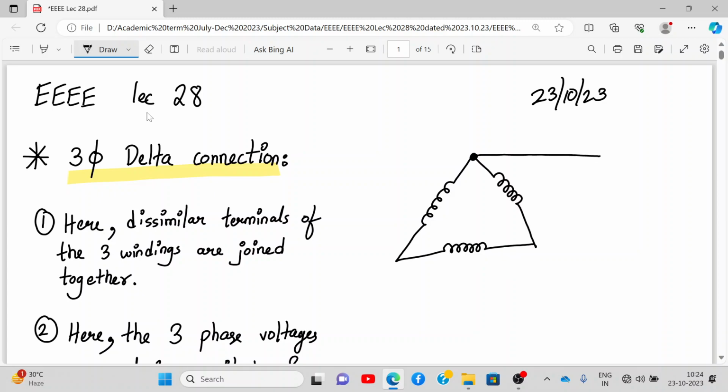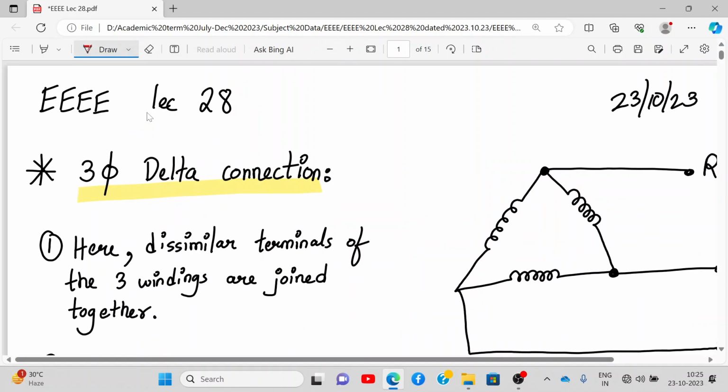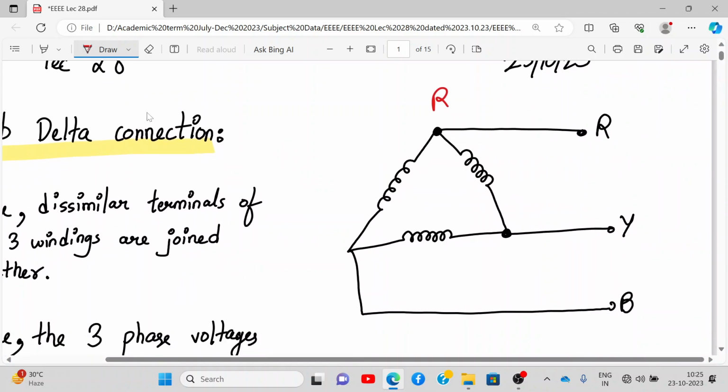So this is my R, this is my Y, and this will be my B. R, Y, B. Please draw the 3-phase delta supply. R, Y, and B.